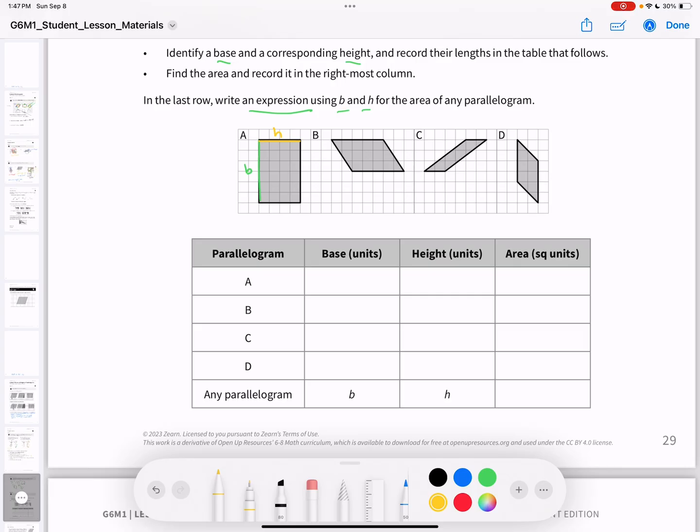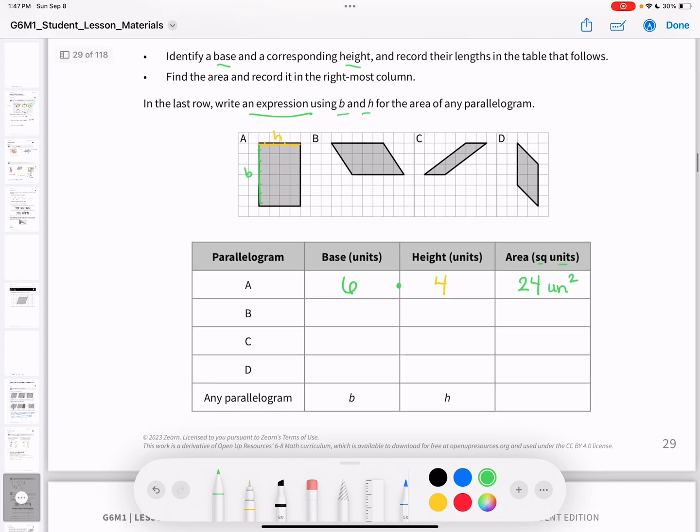So my height for A is 1, 2, 3, 4. And my base for A is 1, 2, 3, 4, 5, 6. So the area is 6 times 4, which is 24 units squared, or square units.